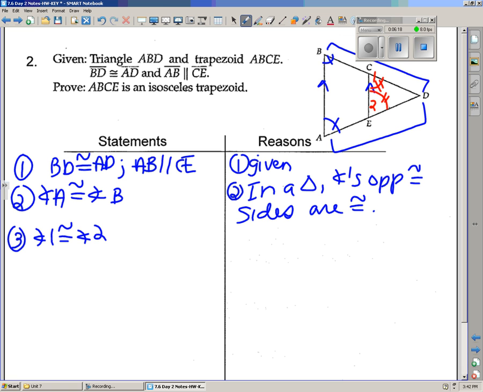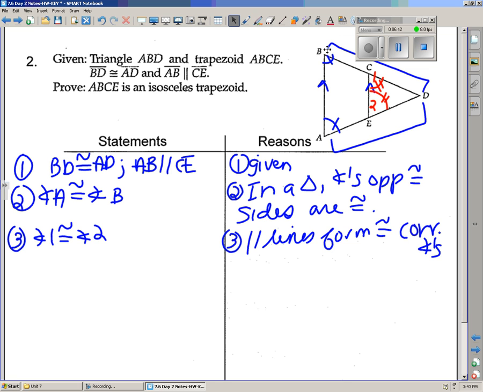And then we can say parallel lines form congruent, they're not AIAs, they're congruent corresponding angles. So knowing that, again, probably a couple ways to do this.